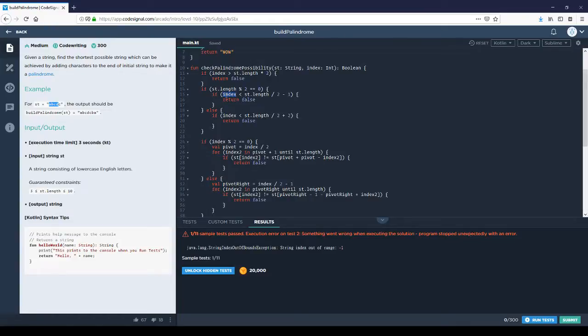Oh, index is actually, so it's actually string.length - 1. Length is 4 and we want 0, 1, 2, 3. 3 is the smallest acceptable one.